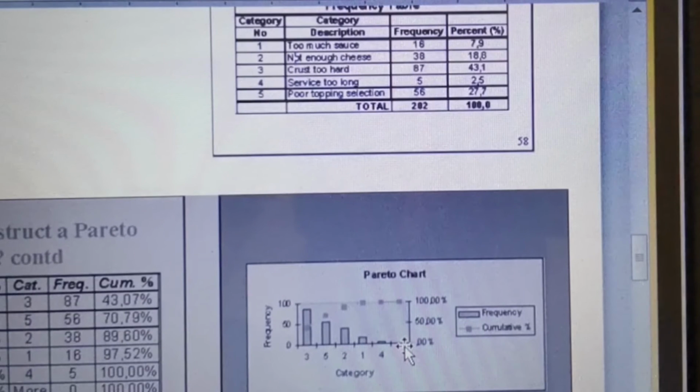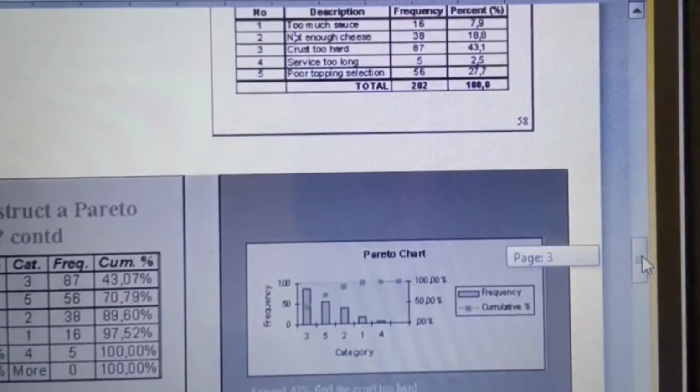So it is easier for you to analyze the data compared to numbers. That is one of the benefits of using graphs.